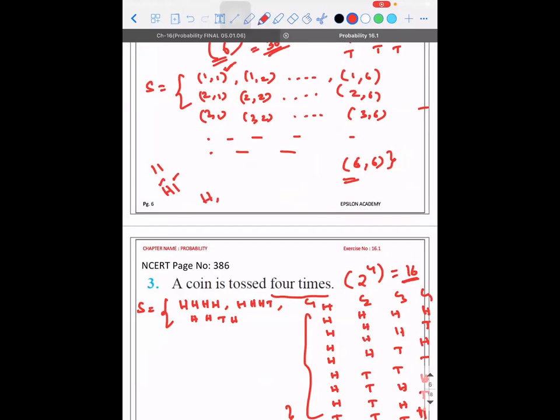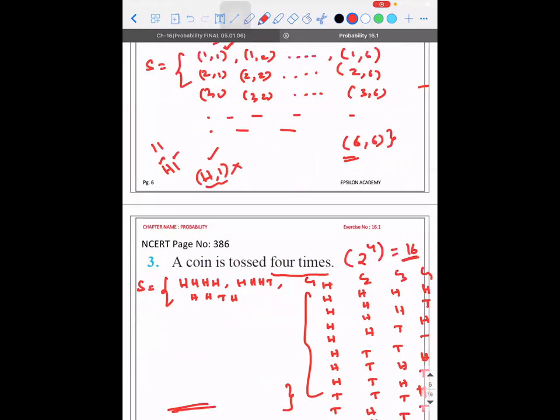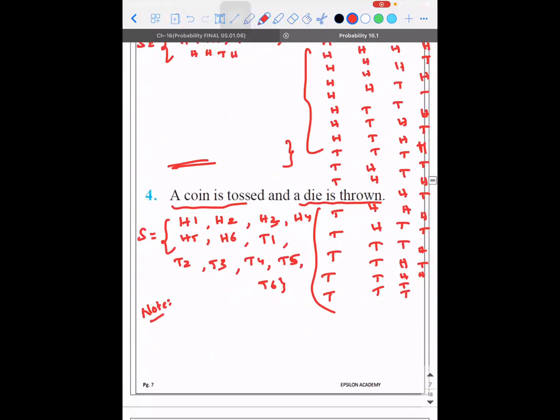So you will not write it as (H, 1). This is not the way we write. When it is alphanumeric, that is a letter and a number, we don't write it in the ordered pair format. But if you have 2 numbers, then you should write it in the ordered pair format. Am I clear, guys? Here, I will write it as H1. It is understood. Right? Clear?